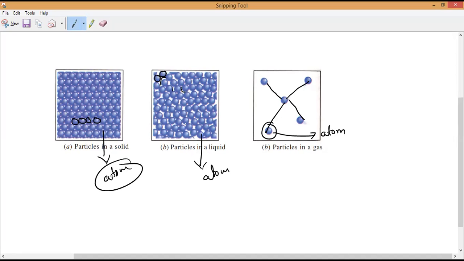So according to him, every matter, whatever it is, either solid or liquid or gas, everything is made up of tiny particles called atoms. Okay.